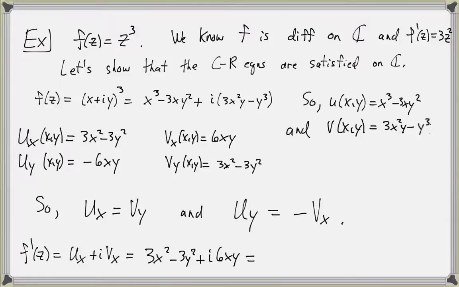If I factor out a 3, I get 3 times x squared plus I times 2xy plus y squared, which does equal 3 times the quantity x plus iy squared, or 3z squared.